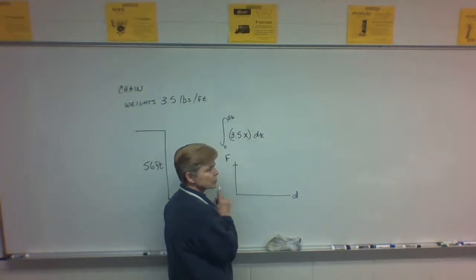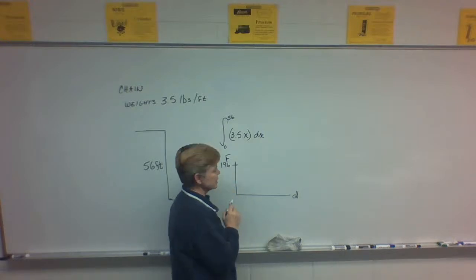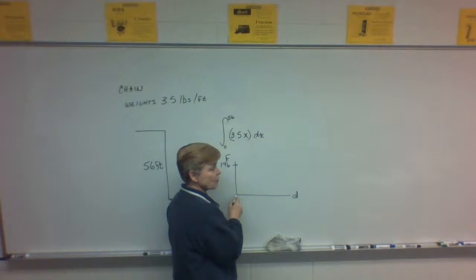What's the force? That's the maximum force, which is 3.5 pounds times 56, which is 196. It's 196. Yep. So this is the force at the beginning when we have lifted it no distance at all.